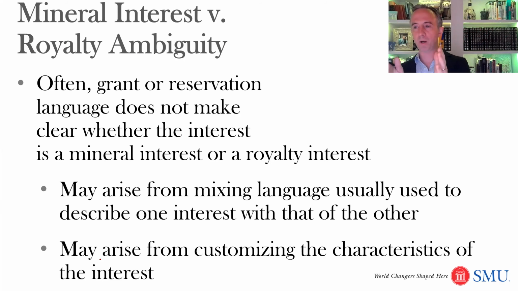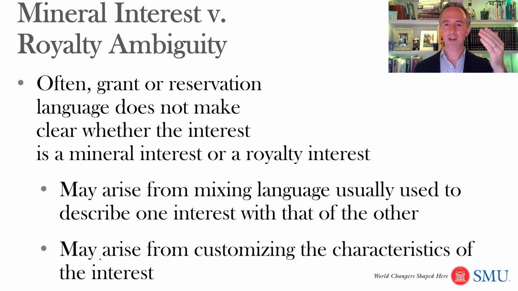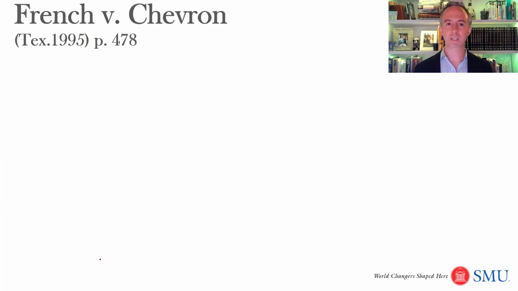Maybe we want to give it a little bit of bonus. Or on the other hand, maybe it's a mineral interest, which would include the right to lease and the delay rentals and everything, but maybe we'll take some of those away. And by mixing them, it can become unclear whether what was really intended was a mineral interest or a royalty. And what we'll see is sometimes that makes a huge difference for what the grantee and grantor receive.